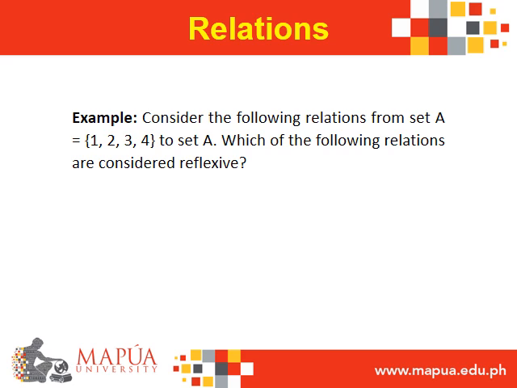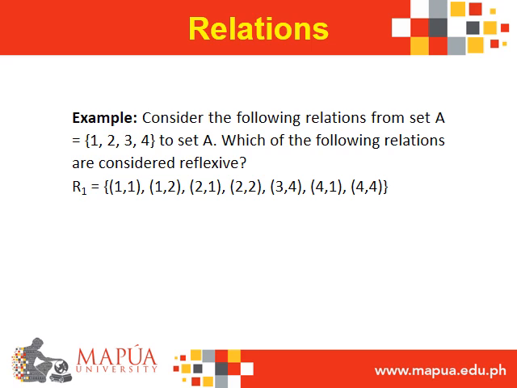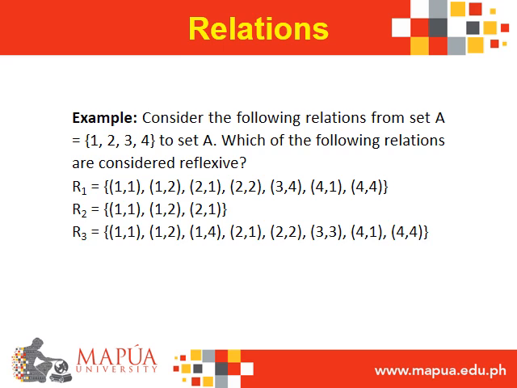Let's consider the following relations on this given set, whereby you have set A containing values 1 to 4, and we're forming relations from set A to set A. We're given the following relation R1. As seen from this relation, R1 is not reflexive. R2, from these given ordered pairs, is not reflexive, whereas R3 is reflexive, because your R3 contains the ordered pairs 1,1, 2,2, 3,3, and 4,4.